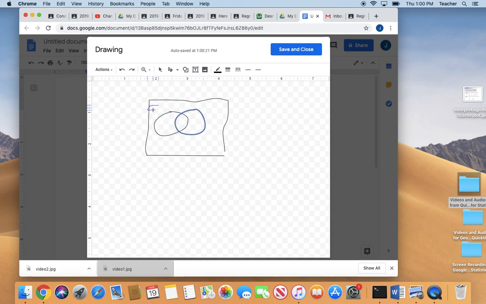I'm going to use S for SUV in this case, and I'll use H for hybrid.